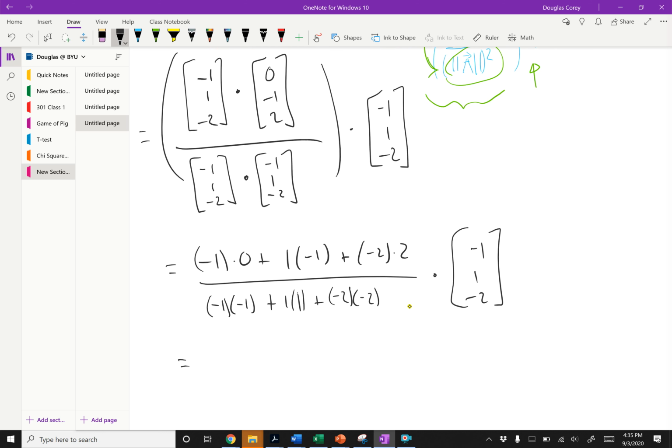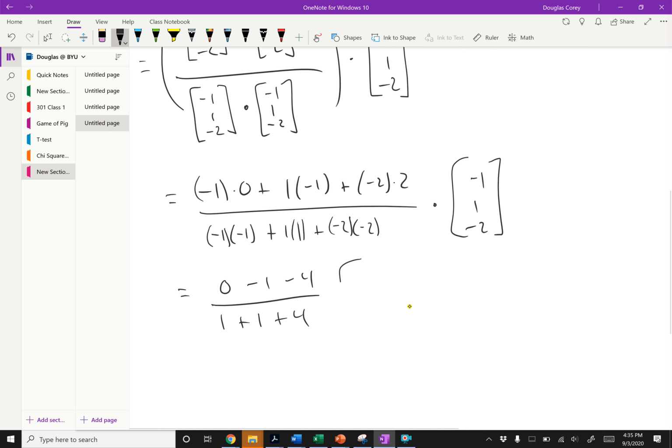We end up with 0 minus 1 minus 4, and here we end up with 1 plus 1 plus 4, times that vector, and that gives us a minus 5/6 times (-1, 1, -2), or that's a minus 5/6 times Alyssa's vector.